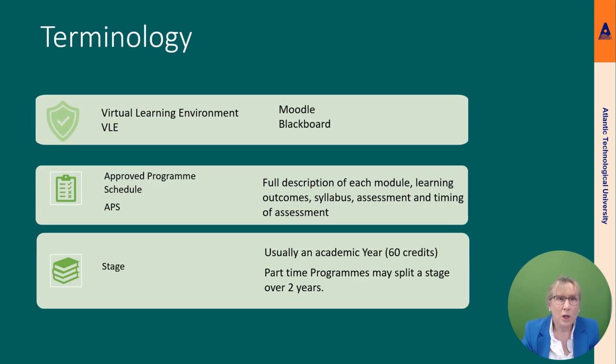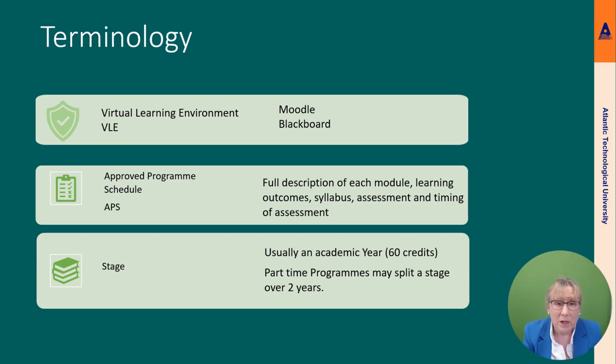So some of the terminology that we use, I've already mentioned the VLE, which may be Moodle or Blackboard, depending on which campus is your main campus. The approved programme schedule, the APS, is a full description of each module, the learning outcomes, the syllabus, the assessment, and the timing of the assessment. And in addition to that, at the beginning of each semester, you should receive from your programme team an assessment plan for the semester.